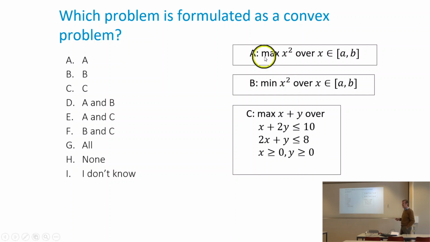Okay, let's start. Who thinks that A is a convex problem? And only A? Okay, not much success. Who votes for B? Okay. Who votes for C?